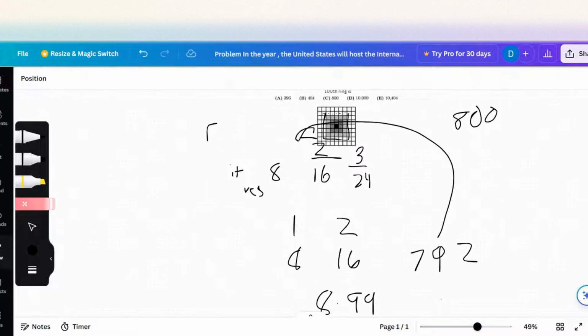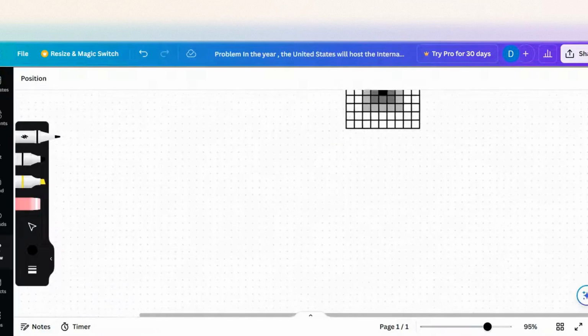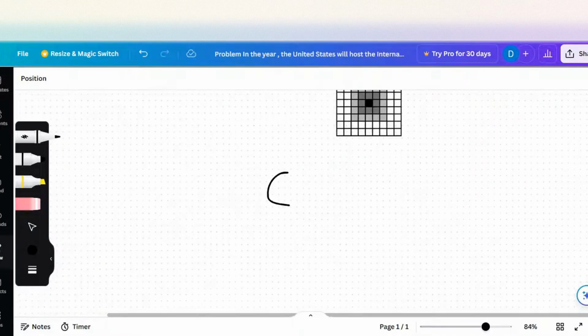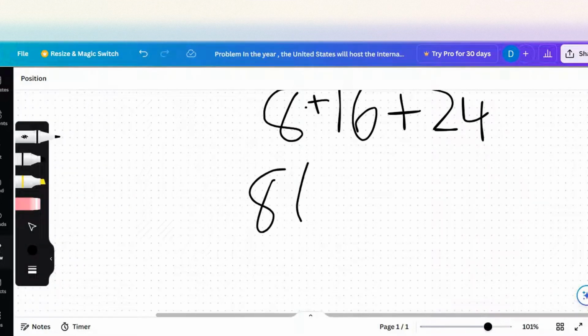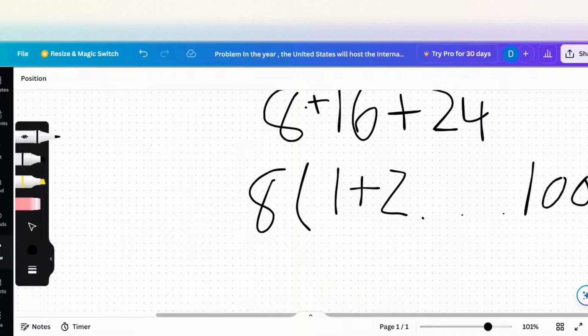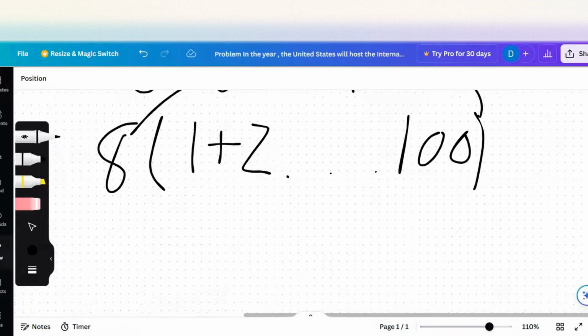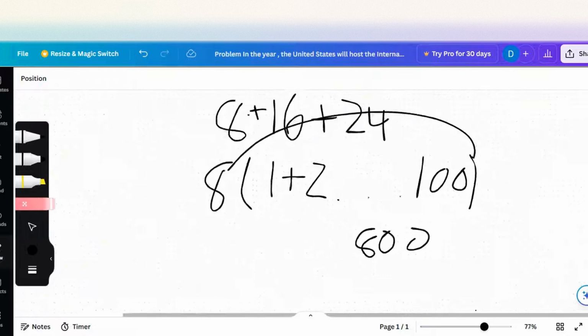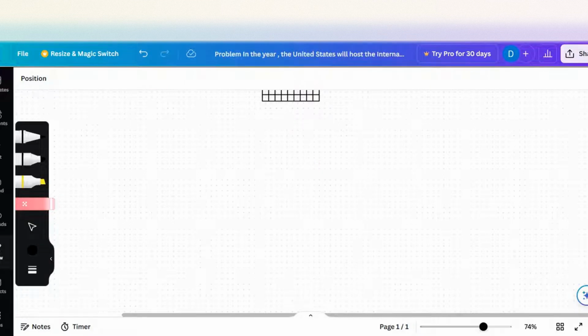Another way I solved it is by using the same method, however we just simplify it. 8, 16, 24, we keep on going, and we just take out the 8, and then it's just 1 plus 2 all the way to 100, because that's 100 figures starting with 1, and we can just multiply it back in, which is 800. And that's an easy 3-minute think and solve problem.